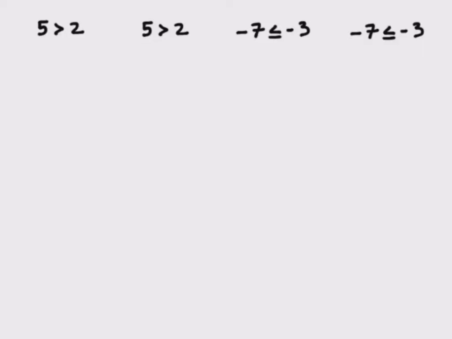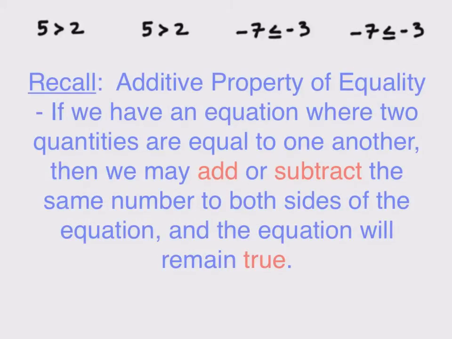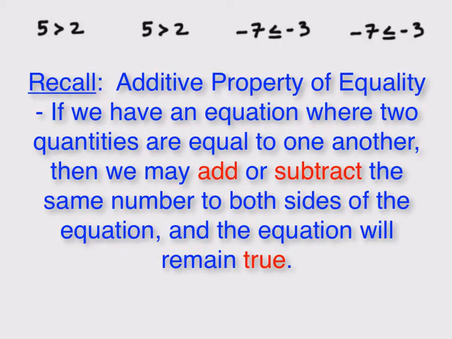Let's do this! Before we start solving inequalities, let's recall that when we were solving equations before, we had some properties of equality that were really helpful to us. First being the additive property of equality, which said if we had an equation where two quantities were equal to one another, we could add or subtract any number to both sides of the equation, and the equation would remain true.